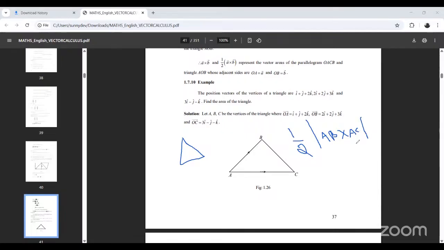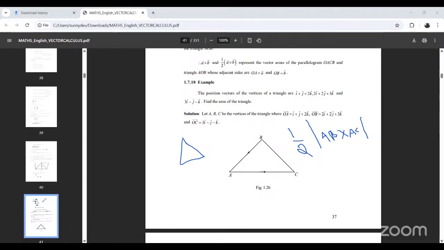Okay, no? So this is the vector, half into AB cross AC. This is if the three vectors form a triangle, then the area of the triangle. And this is very important. And they give one problem also.